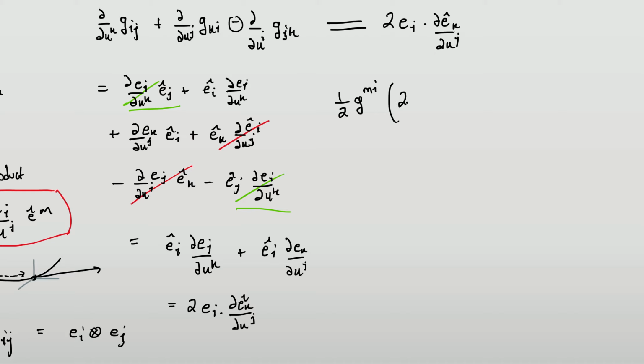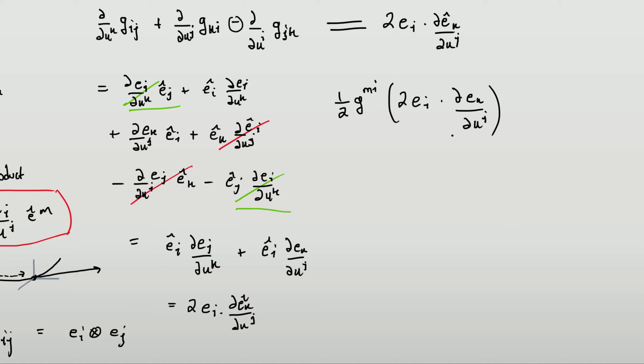This is 2 e_i times d e_k d u_j. All right, well, this guy is the Christoffel symbol, and then we're summing over i, right? And the 2 here will cancel out with this 2.